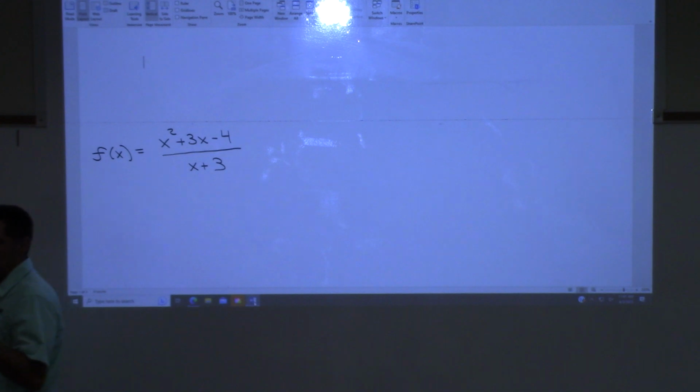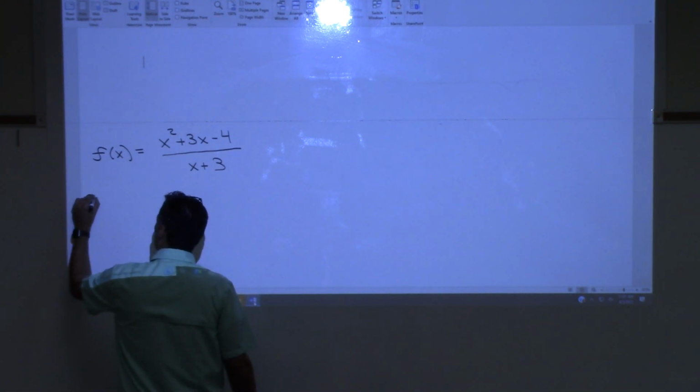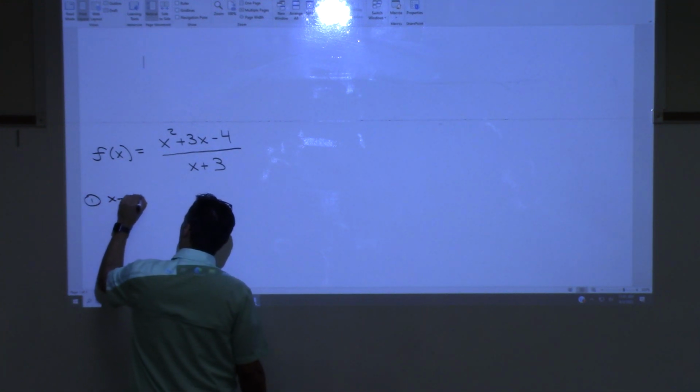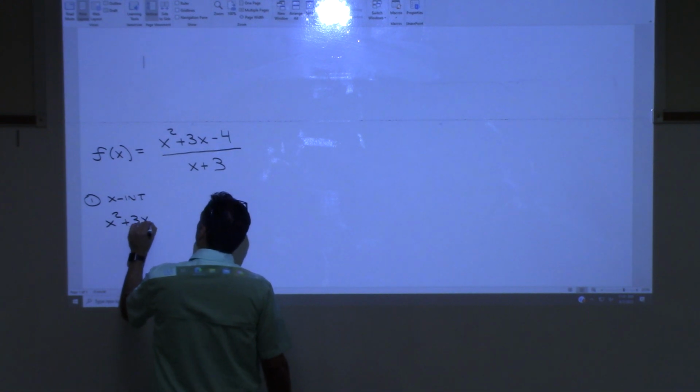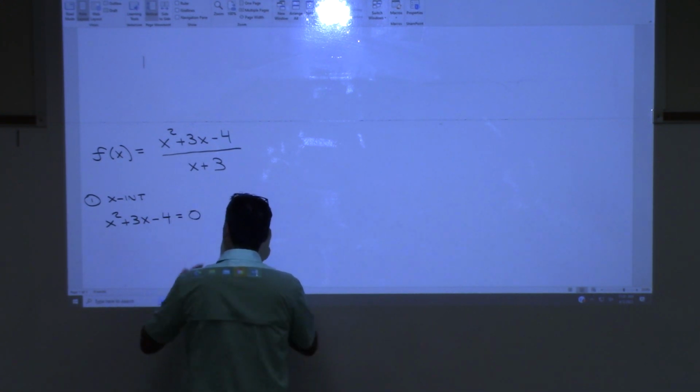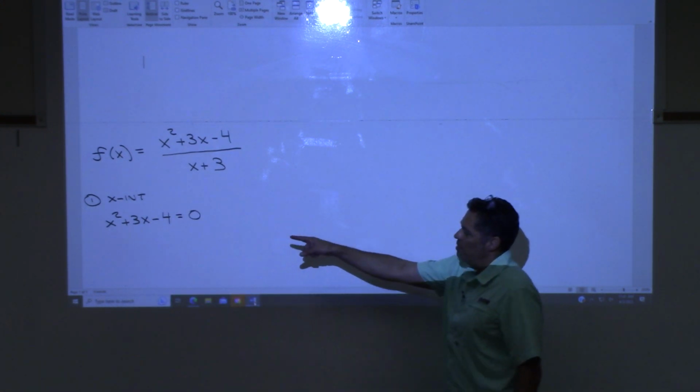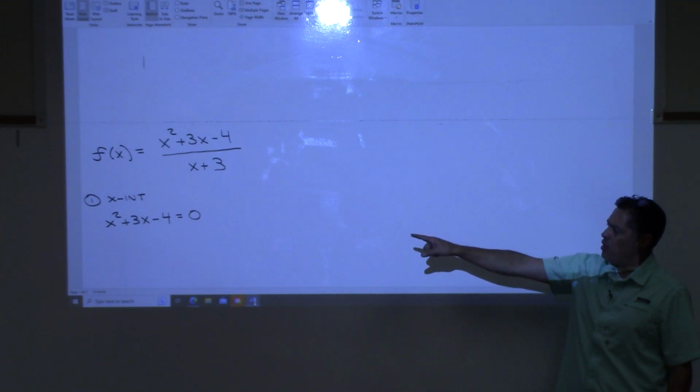I did that to speed up the process here, so we don't have to go through a lot of the steps over. So let's do step 1. What do we find for step 1? X-intercepts. How do we do that? Numerator to 0. So it's like the numerator and denominator have switched places. So this now is the numerator set equals 0.